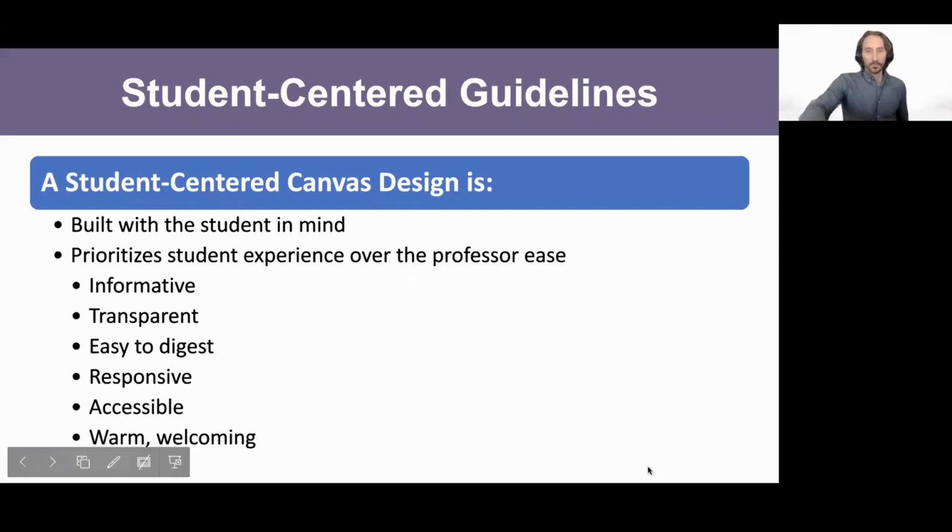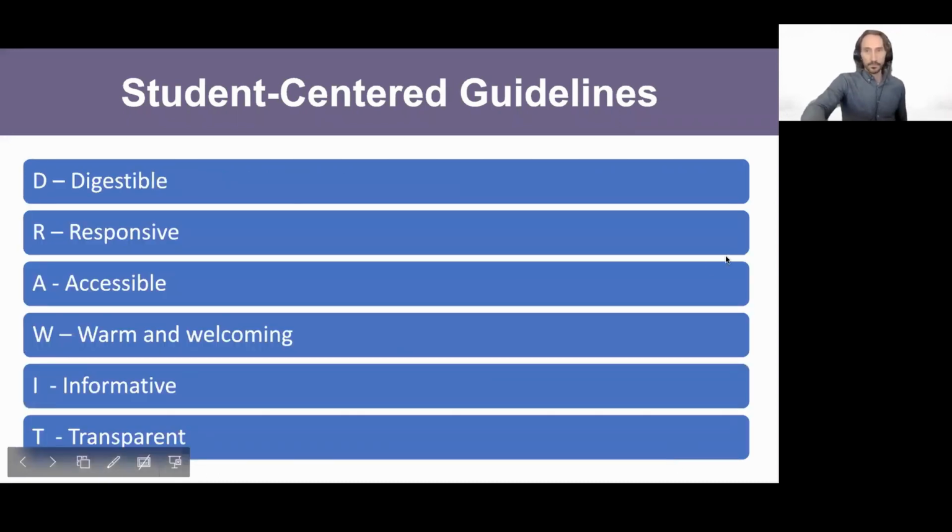That essential information. You might think this is cheesy. That's okay. It is kind of cheesy, but this is just a little acronym if it helps you to remember these concepts that we're talking about today. So it's DRAWLIT: digestible, responsive, accessible, warm and welcoming, informative, and transparent.